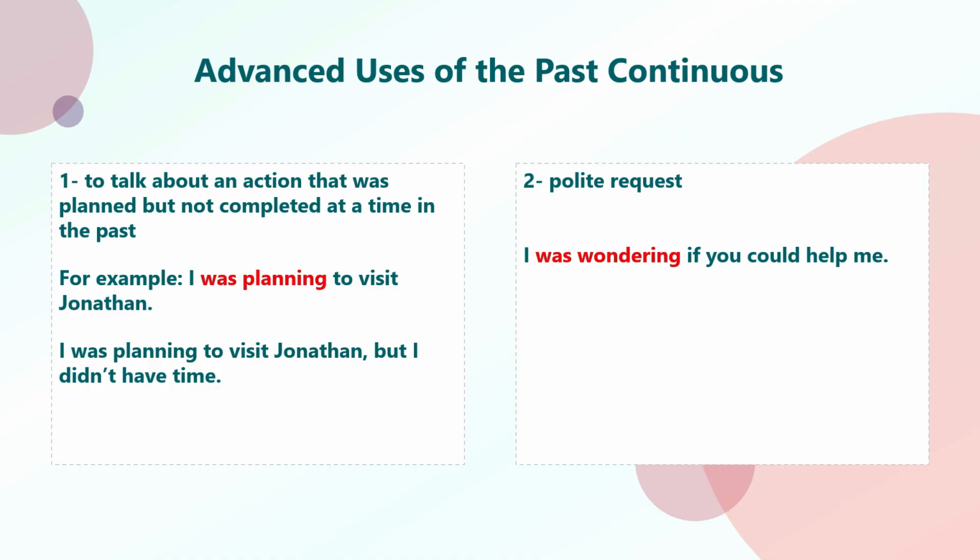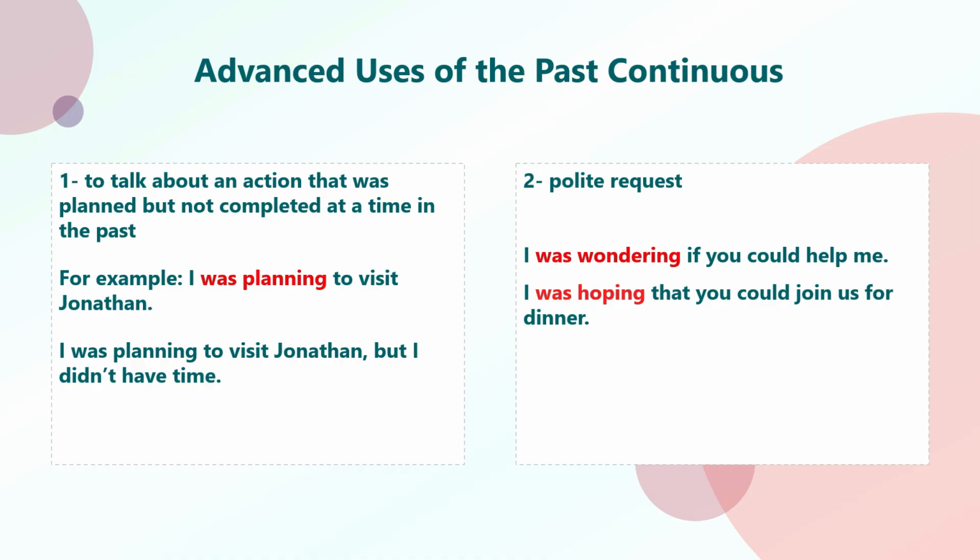It's like saying, I was thinking about this and hoping you could help. Another example, I was hoping that you could join us for dinner. Similar to I was wondering, this expresses a polite request or desire. The past continuous gives it a gentle, indirect tone.